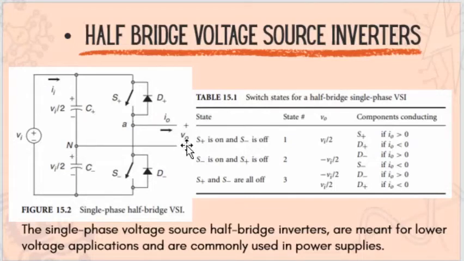So we will have output voltage equal to negative VI over 2. When S positive and S negative are all off, the output voltage will be equal to negative input voltage divided by 2 and positive input voltage divided by 2.